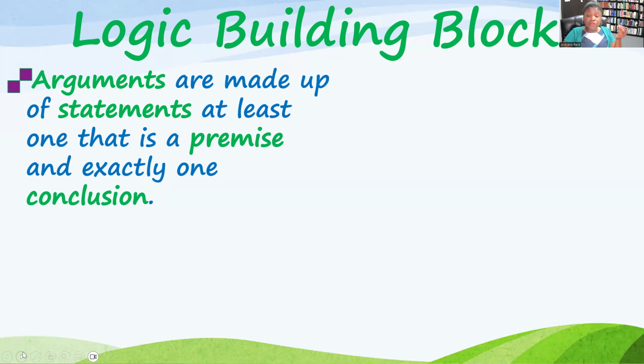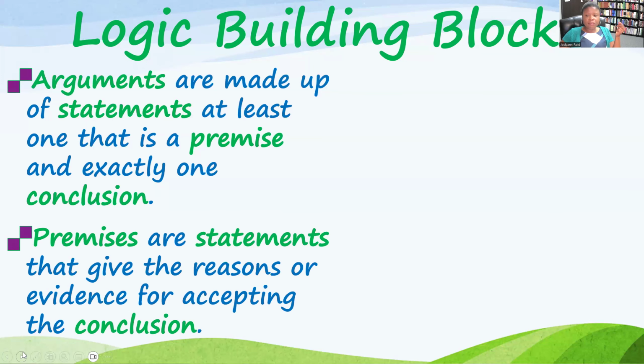So arguments are made up of statements. Hopefully you understand that. At least one is functioning as a premise. There could be more than one. And one, exactly one, is functioning as a conclusion.